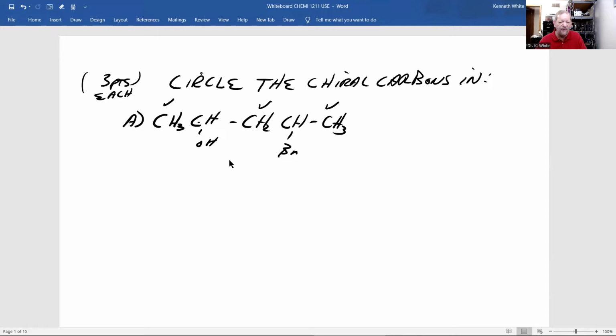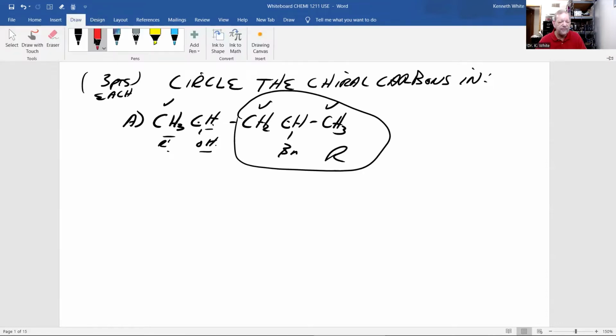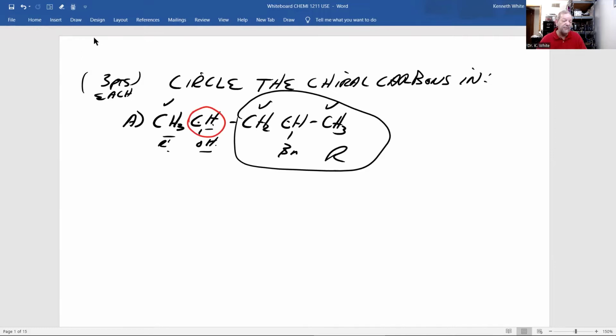We're left with this carbon and this carbon. So what do we have? A hydrogen, hydroxy group, methyl, and I'll call all this R. I can call the methyl R prime. Hydrogen, hydroxyl, R prime, R: 4 different groups. And therefore this is a chiral carbon. I got the hydrogen, but you know what I'm talking about.